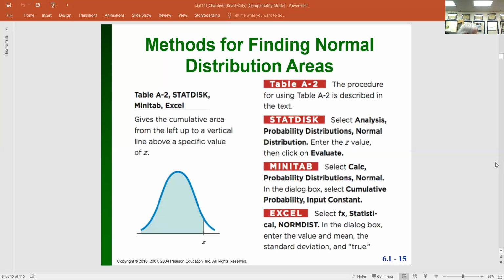Okay, so really the issue is that z-scores tell us the likelihood of a piece of data occurring in a range defined by z-score. Now, there's a couple of things.